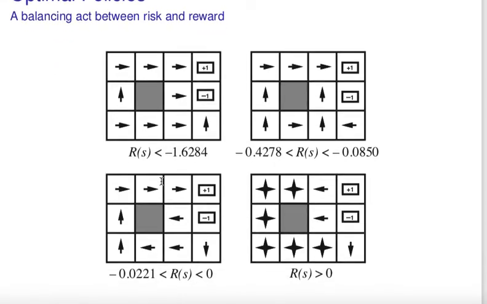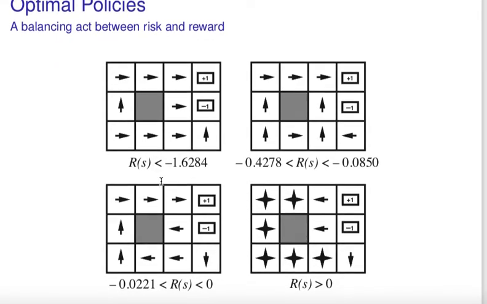Now, just to give you an idea, the same problem with different rewards, which means we also might have risk, is this one, for example. If the R of S is less than 1.6284, not a lot less, but less than 1.6284, the robot will try to go to hell right away, because staying in the grid is too painful.